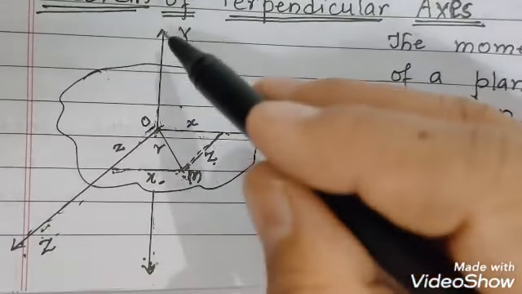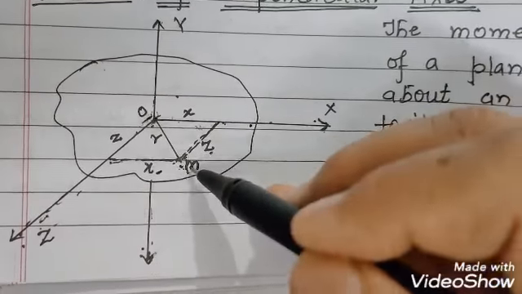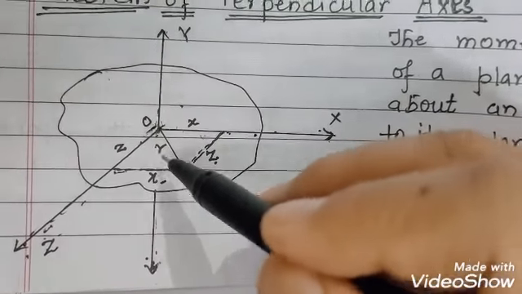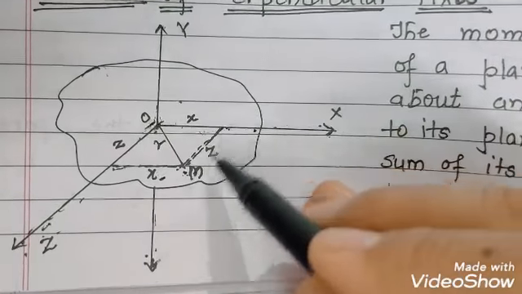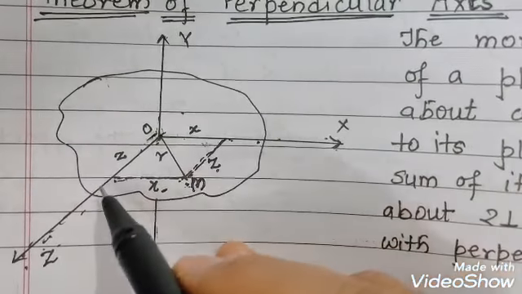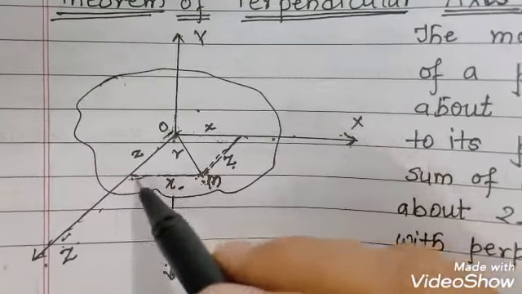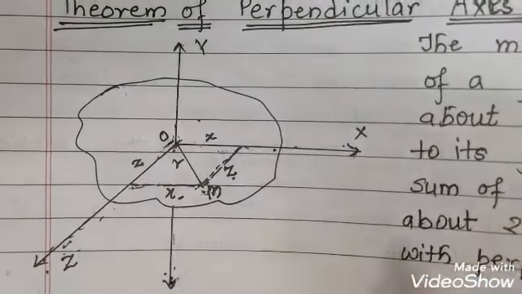So the moment of inertia about the y-axis must be mr square. So mr square gives us Iy, mz square gives us Ix, and mx square gives us Iz. Okay, understood.